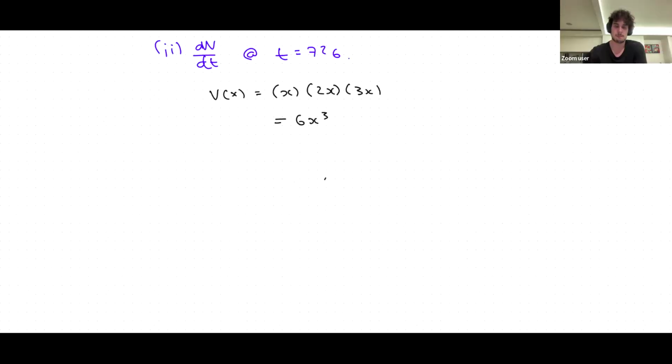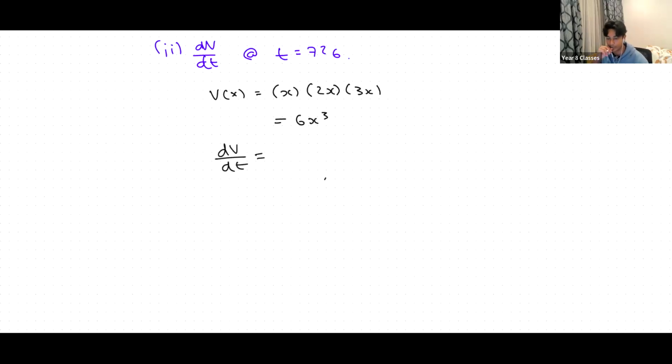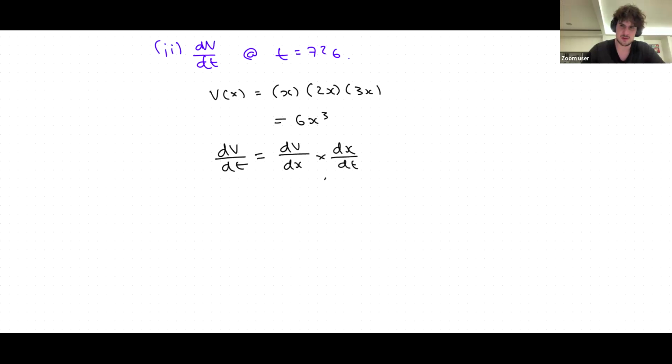So how can I use the chain rule for my dV/dt? dV/dt equals dV/dx times dx/dt. Why did you set it up this way? Because that's how it's supposed to be.